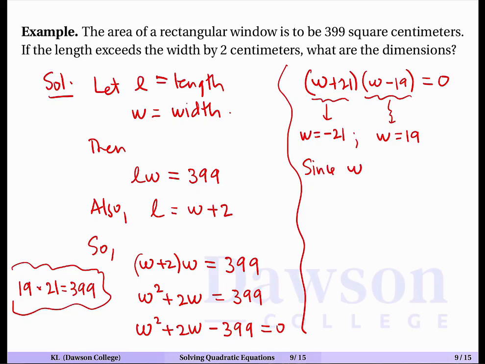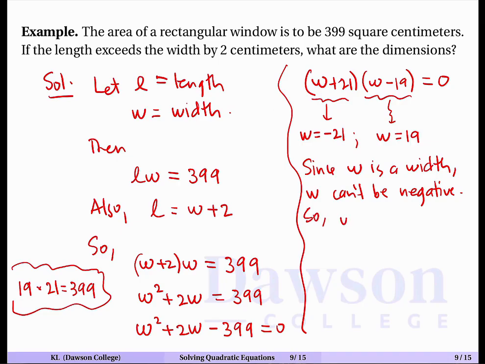Since W is a width, W cannot be negative.